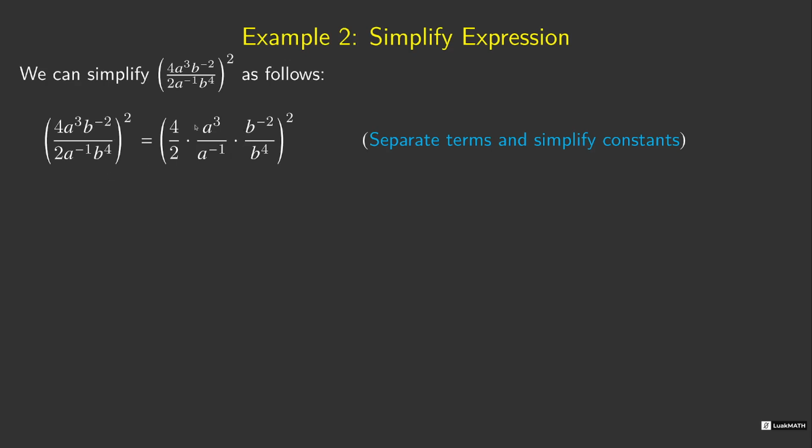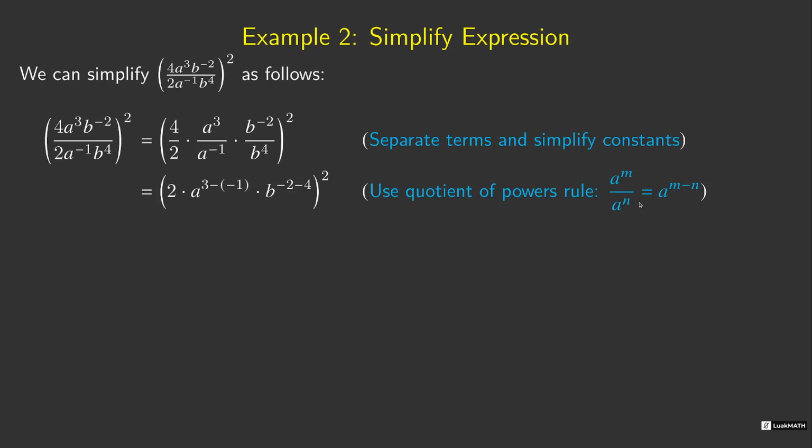So what I do is I separate like terms and also constants. So that's what we do here. You see the 4 over 2, so that's a constant. And then all the a's together, all the b's together. You write them as quotients. So once you write them as quotients, it will allow us to use the quotient rule.